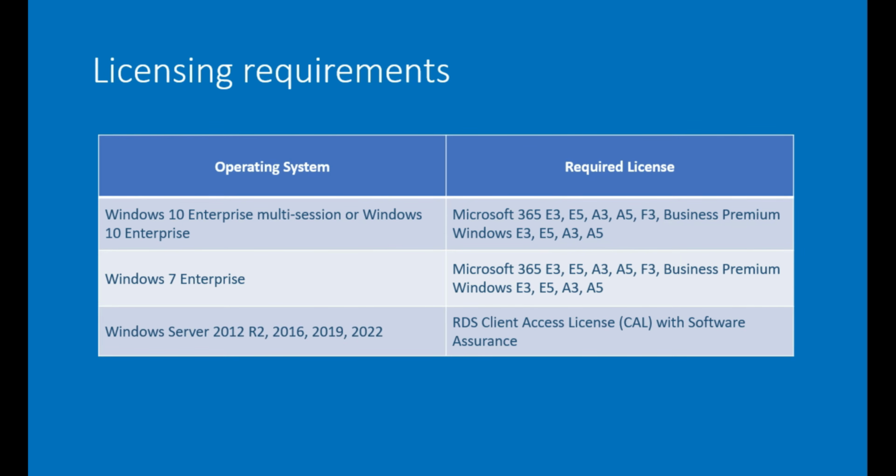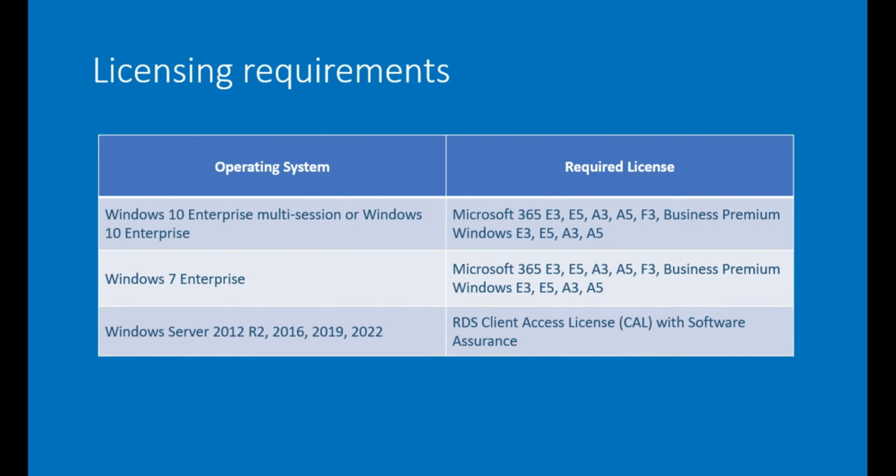And if you do not have any of these, Windows operating system enterprise editions like E3, E5 or academic editions like A3, A5 would suffice the licensing needs for this setup. And for Windows 7 Enterprise also, licensing requirements remain the same.